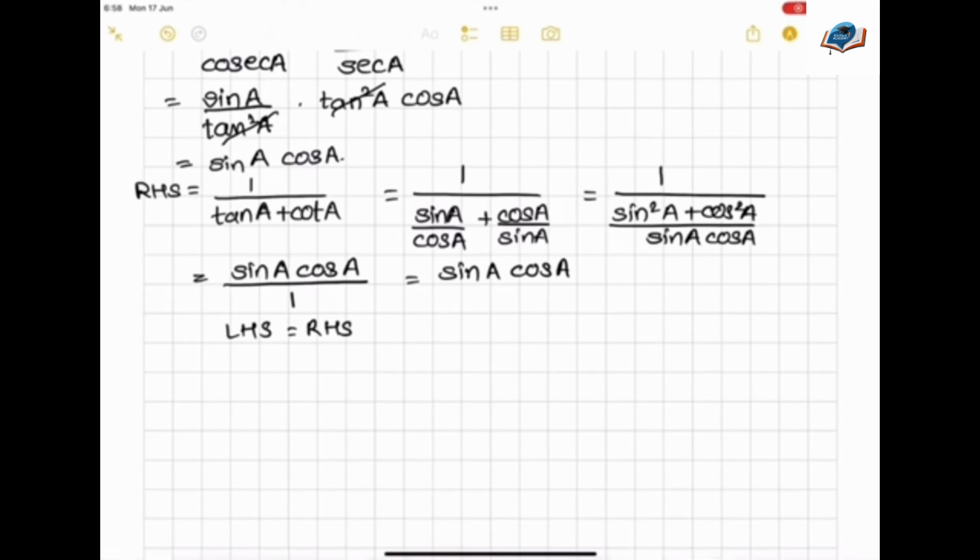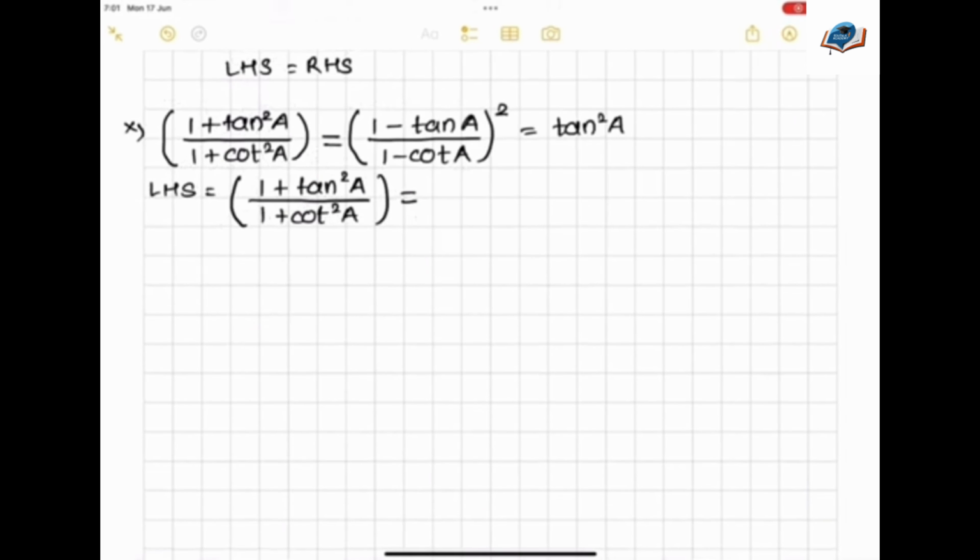Now the last, 10th one, is (1 plus tan square A upon 1 plus cot square A) equal to ((1 minus tan A upon 1 minus cot A) whole square) equal to tan square A. Now LHS I have taken.